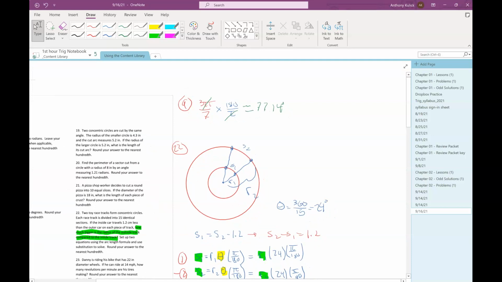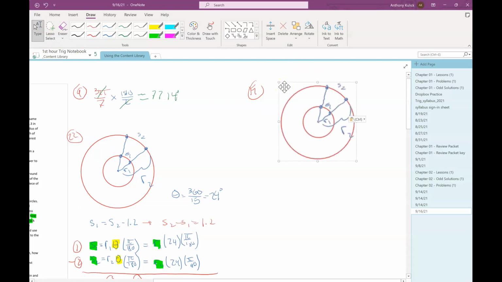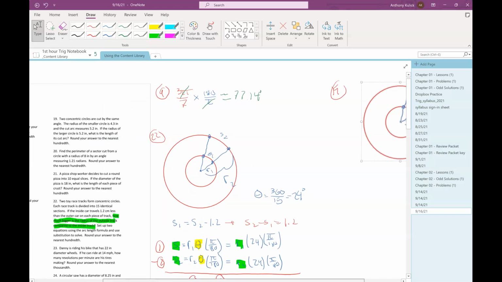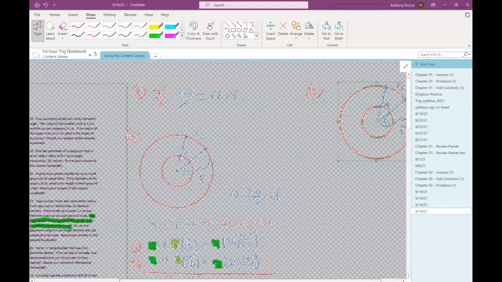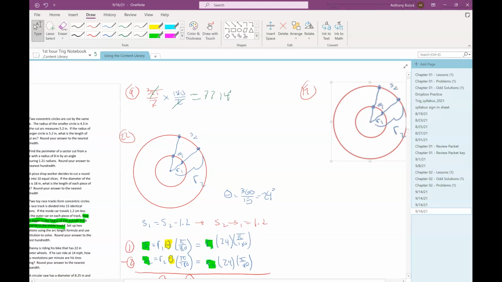So 19 says, again, 2 concentric circles are cut by the same angle. Okay. So I'm going to just grab this same picture here. The radius of the smaller circle is 4.3, and the cut arc measures 5.2.